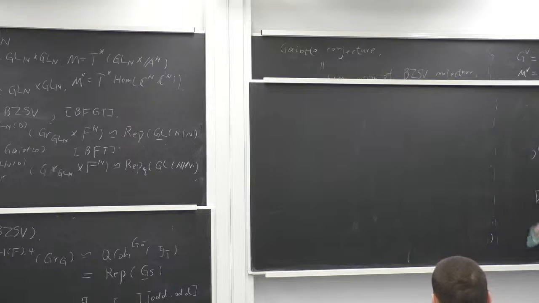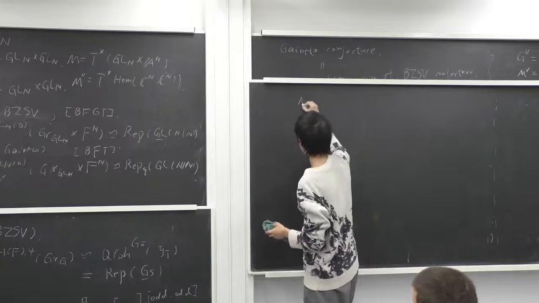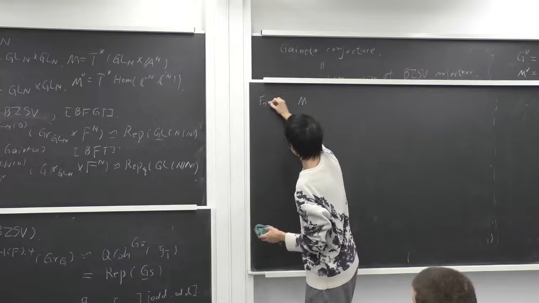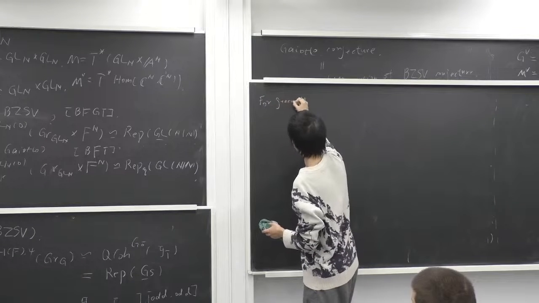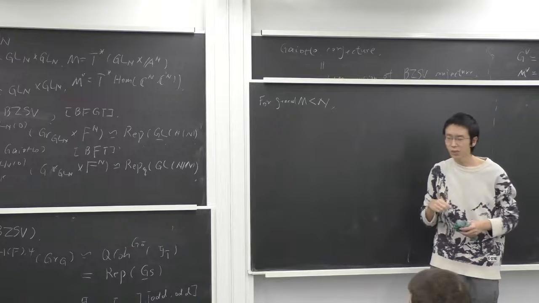Now let us introduce the general conjecture, the general case, for general m smaller than n. Then we need to introduce some notation.